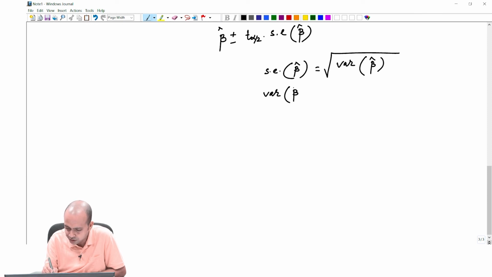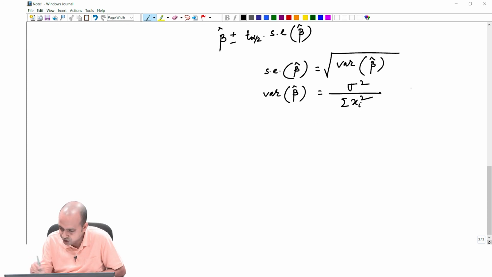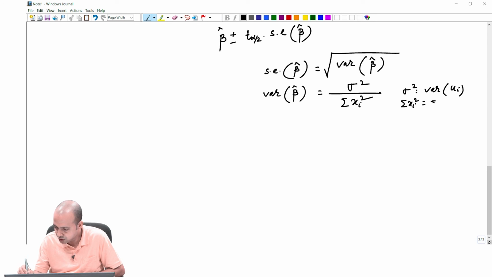Variance of beta hat is calculated using this formula: sigma square divided by summation xi square. And what is sigma square? Sigma square is basically variance of ui, and summation xi square is basically the sum of xi minus x bar whole square.